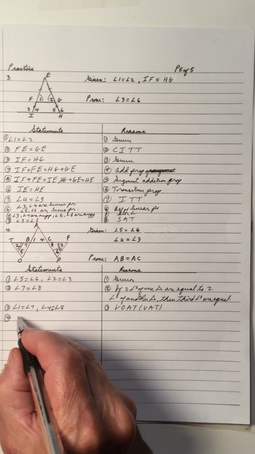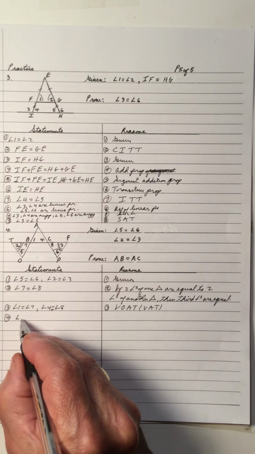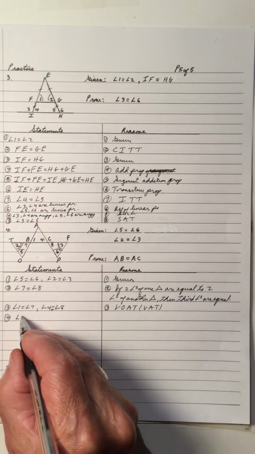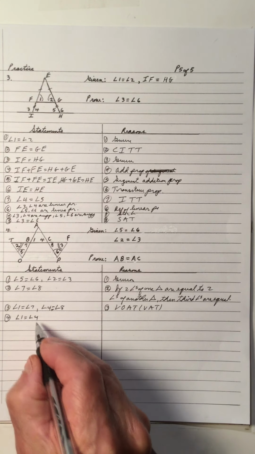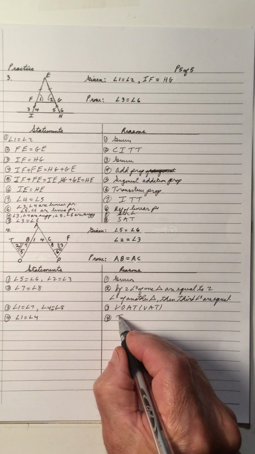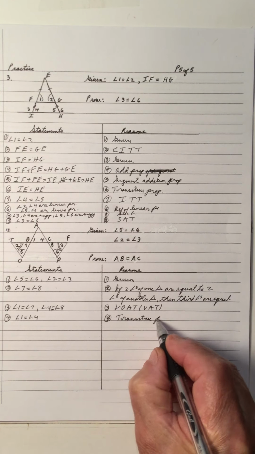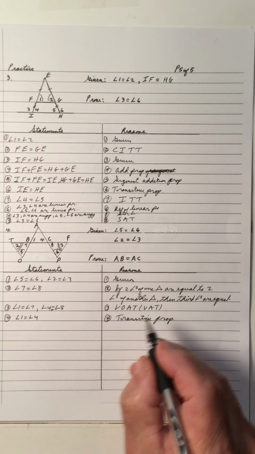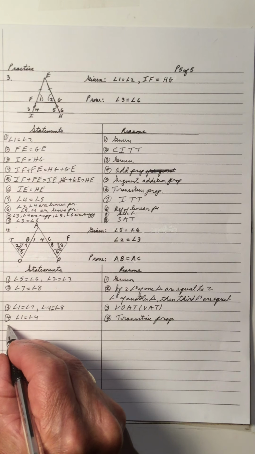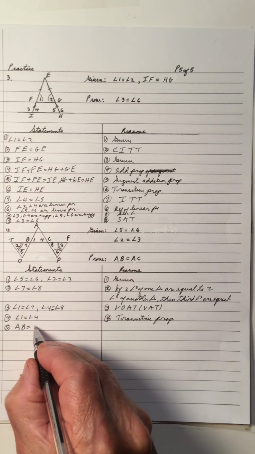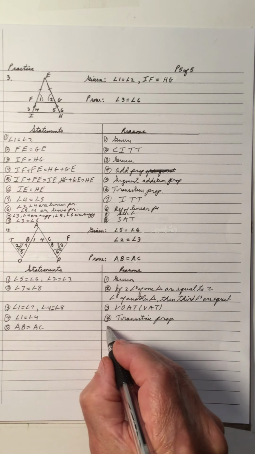And as a result, if 7 equals 8, 1 equals 7, 4 equals 8, then angle 1 is equal to angle 4. Transitive property of equality. And we got 1 equals 4. That means that AB is equal to AC.